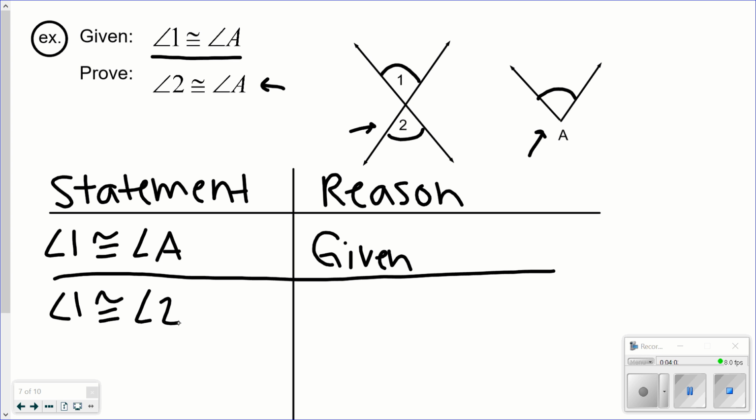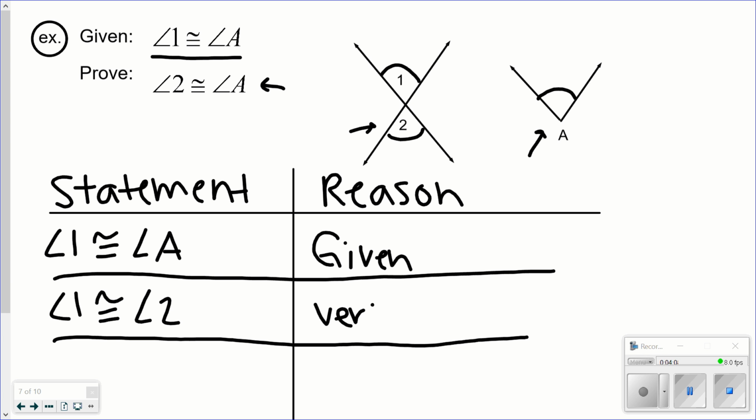Why can I say that angle 1 is congruent to angle 2? What type of angles are they? They're vertical angles. All right, so now I just stated that angle 1 is congruent to angle 2. I'm done with my proof then.